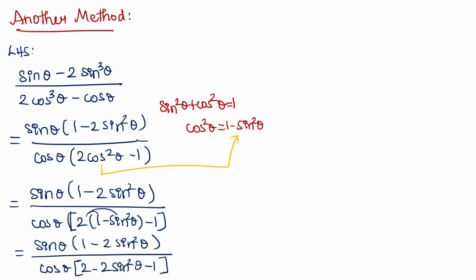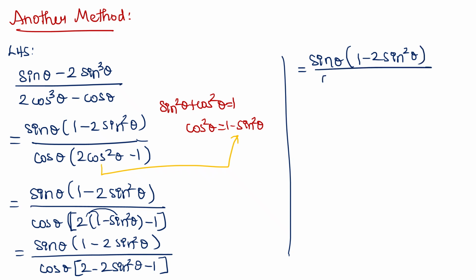So now, here you have 2 minus 1, which will become 1, so you get 1 minus 2 sin square theta. So now both of these will get cancelled off. You will be getting sin theta by cos theta, which is tan theta, that is equal to your RHS.